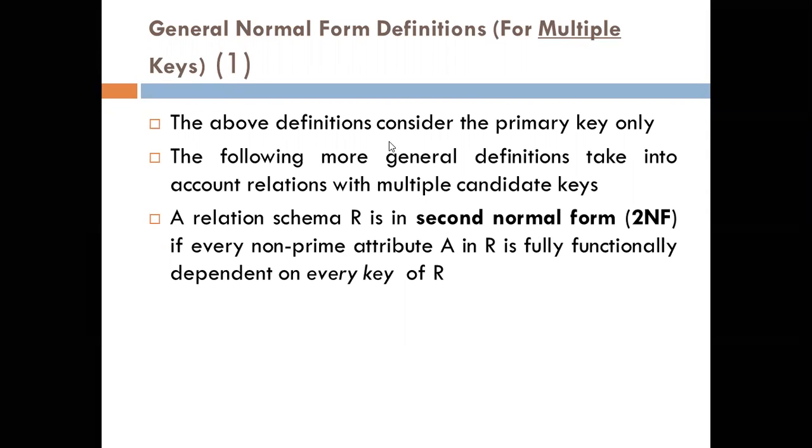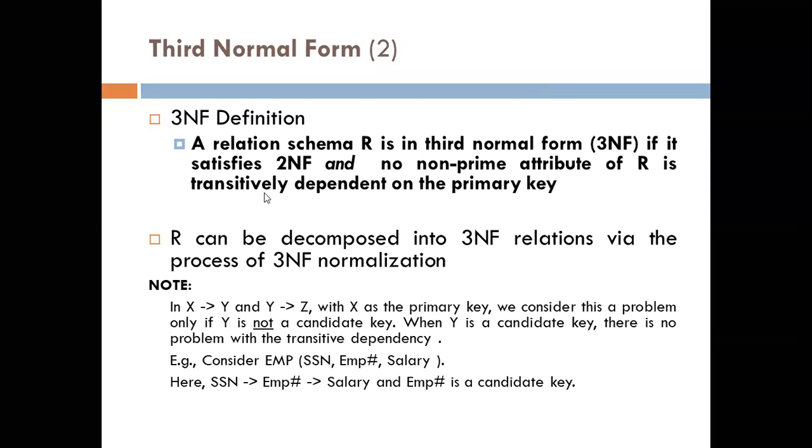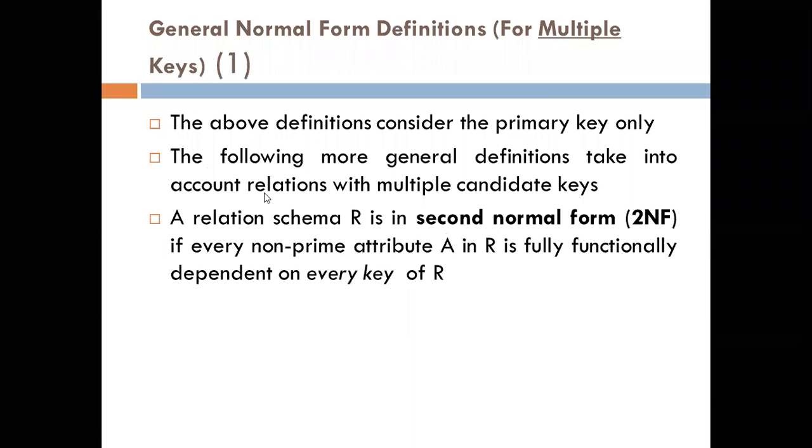So the general form we can use and define the various normal forms. So the definitions which we used so far use only the primary key. But when we define these normal forms, we must consider that there will be candidate keys. So there may be multiple candidate keys.